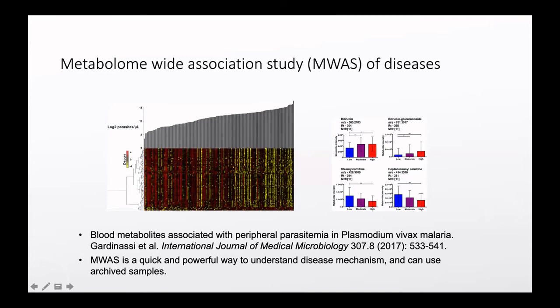You can see several hundred metabolites were significant, and I'm just showing some examples here. The bilirubin products are related to anemia and hemolysis, which is known in malaria patients. A lot of carnitines are very significantly associated with the parasite load here.